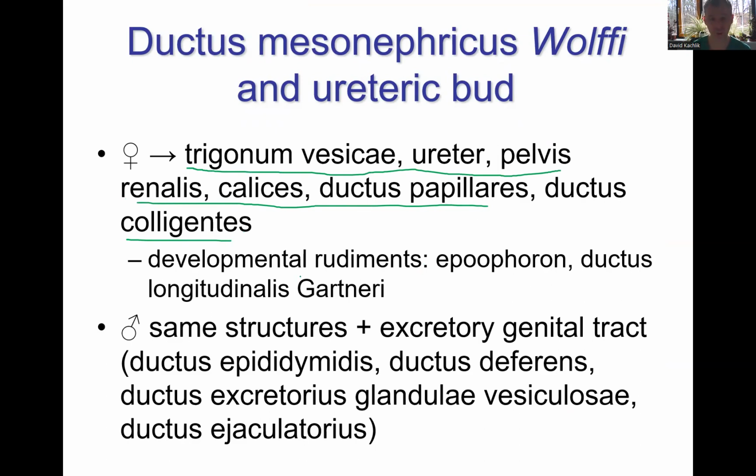In females, there are only developmental rudiments. And in males, of course, the excretory urinary system plus the excretory genital tract. That means mainly the deferent duct, but also the duct of the epididymis and the duct of the vesicular glands and the vesicular glands themselves.